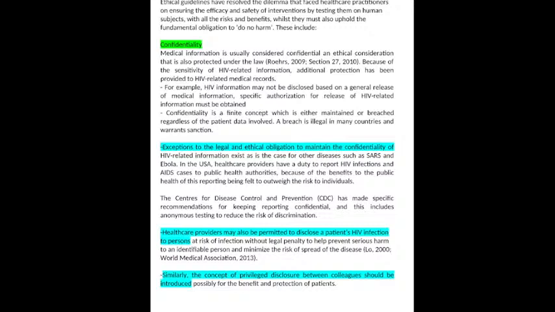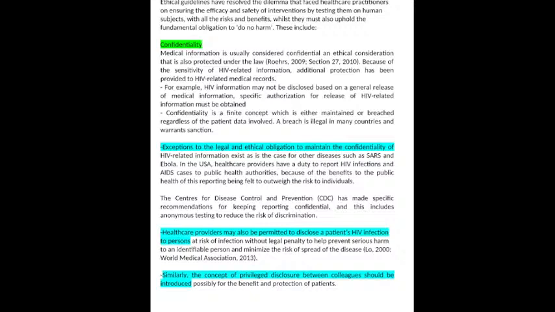Of course, there are exceptions when this confidentiality can be broken, where a medic can reveal the HIV status of a patient. This can happen, of course, when the government wants data about the number of people who are sick for purposes of planning.